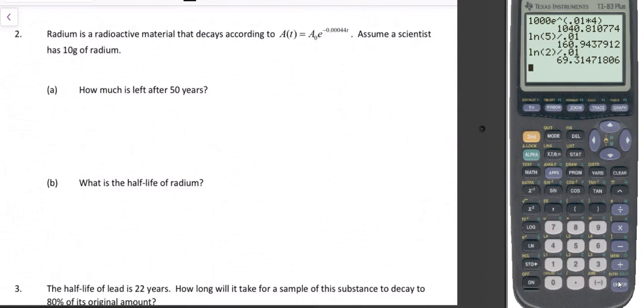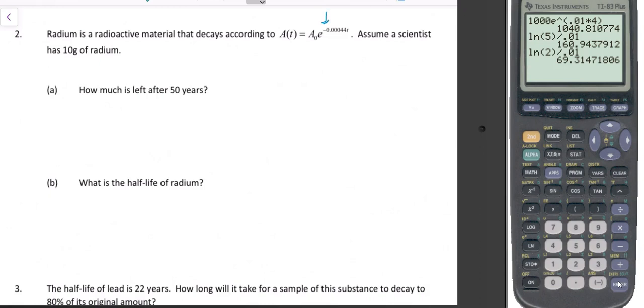So exponential decay turns up quite a bit in radioactive material. And here in this problem, we're given the function A of t equals A naught e to the negative 0.00044 t. So notice that you've got that negative sign in front of the rate.